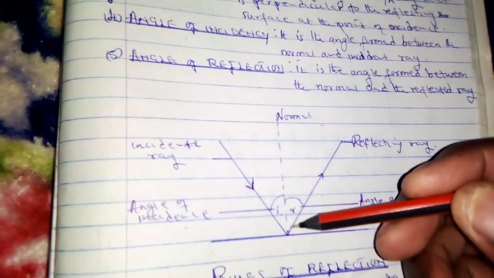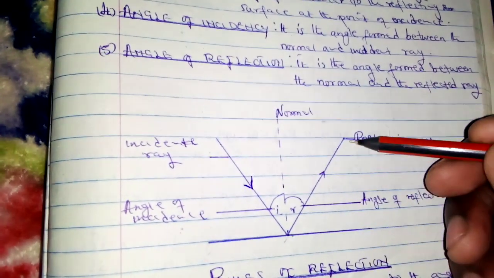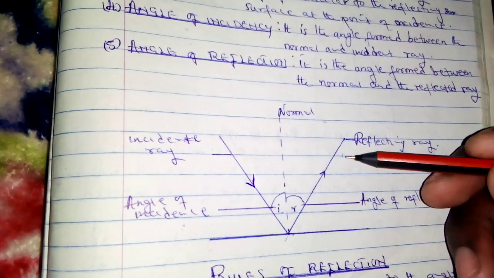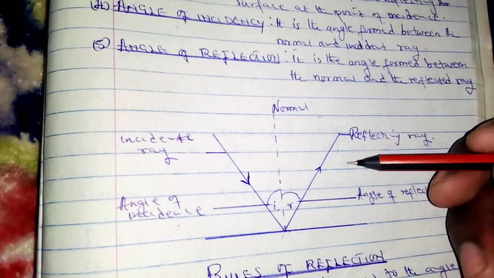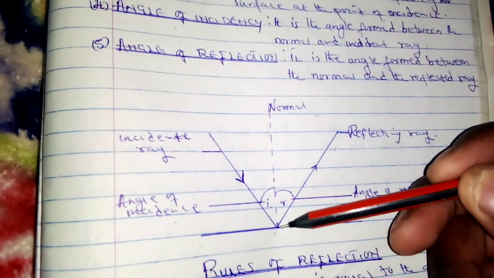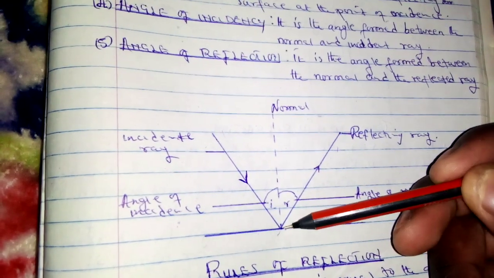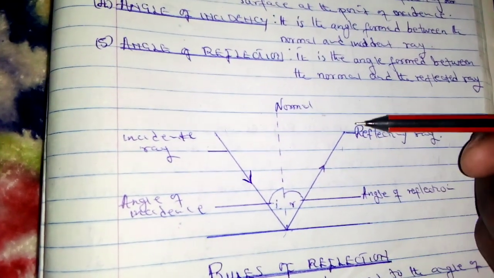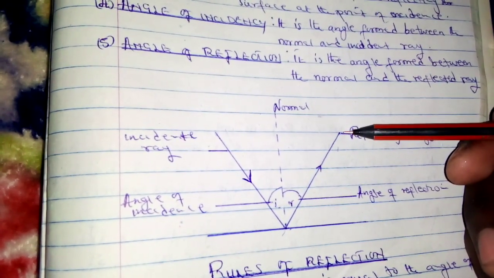Now when it hits a surface, it goes back, and this ray is called the reflected ray. So the ray that strikes a surface is called the incident ray. The ray that leaves the surface is called the reflected ray.